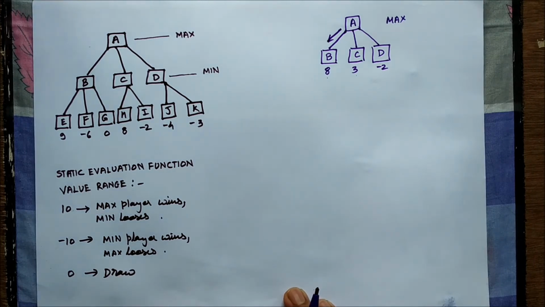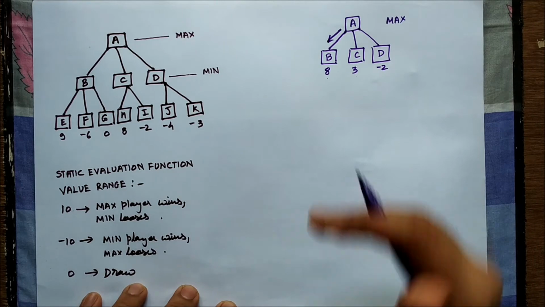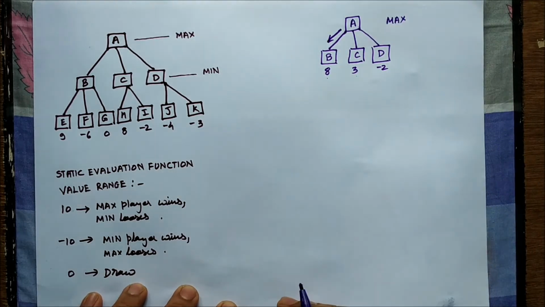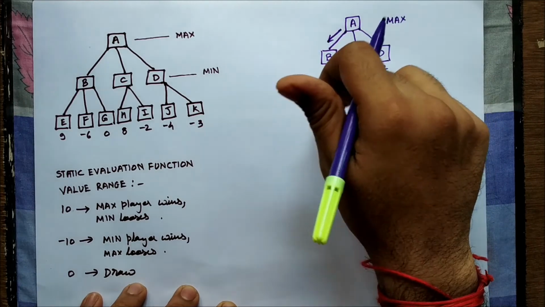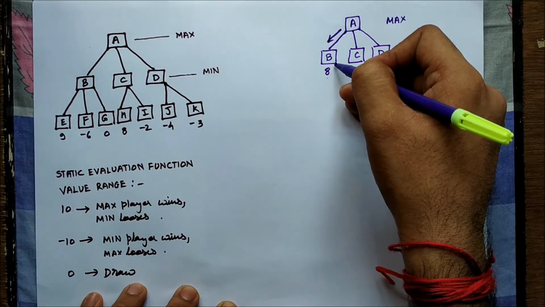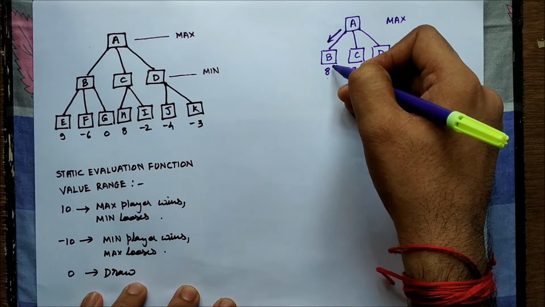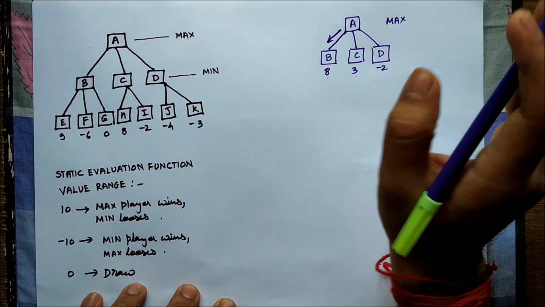Okay, so this is a move that the computer makes without foreseeing steps in advance. Has the computer considered what will happen next, what move the min player is going to play if I select this particular node? No, it has not foreseen it. Now let's see what can happen in this case.